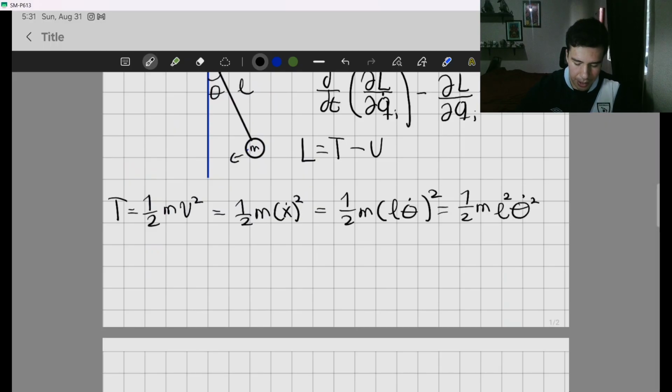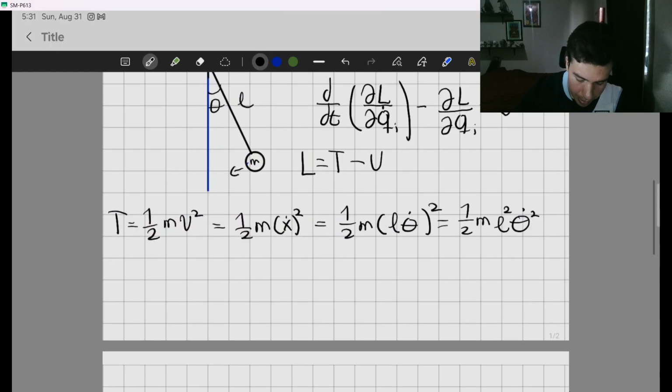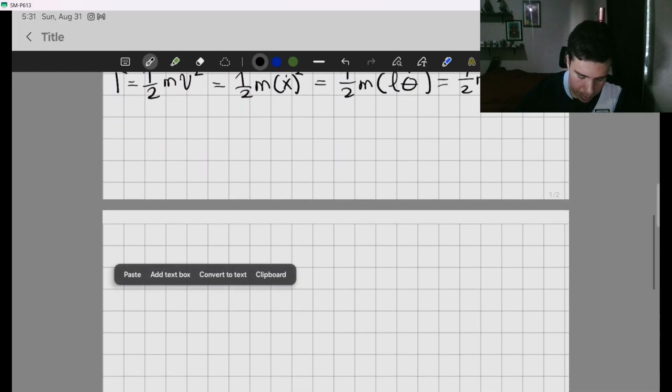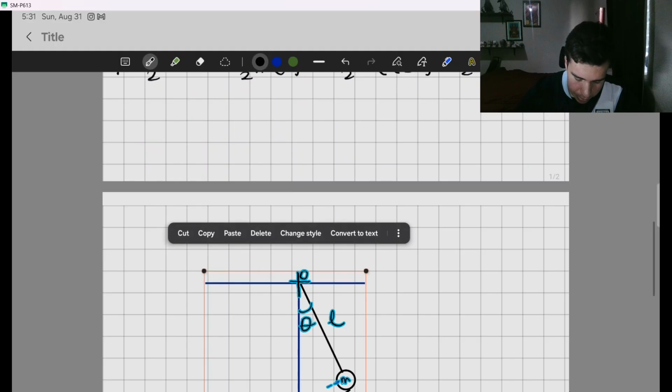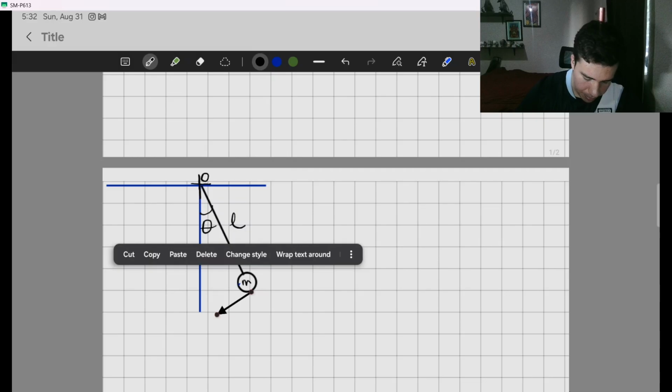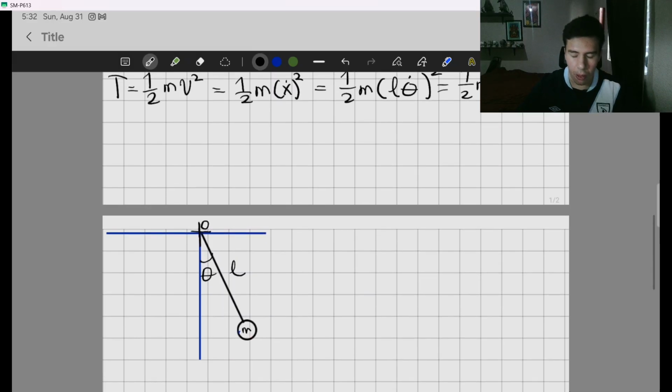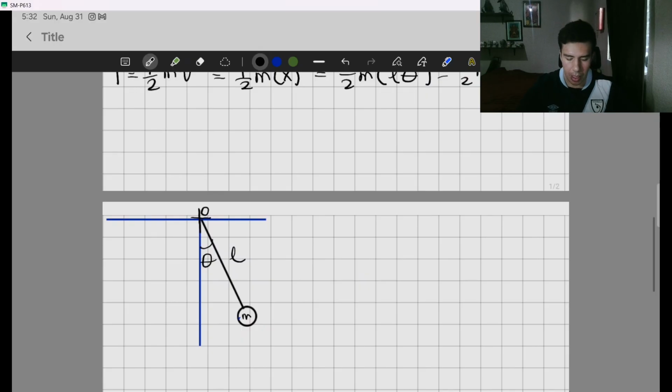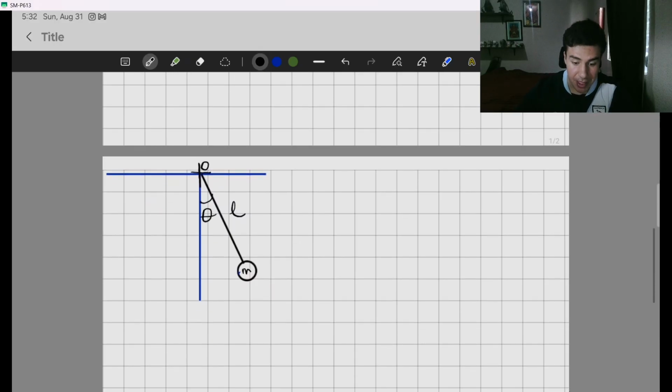And the potential energy. Potential energy is a little bit more interesting. It's not hard to consider, but we need to make a little consideration right here. The only potential energy that we have is related to the height that this mass m will be increasing or decreasing with respect to some point of reference.